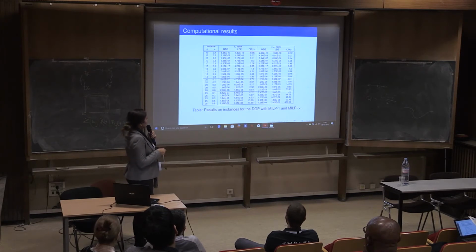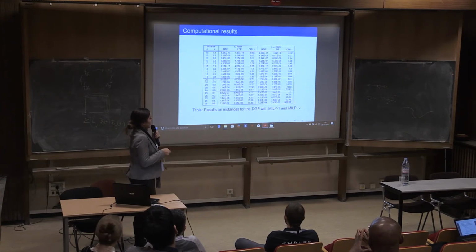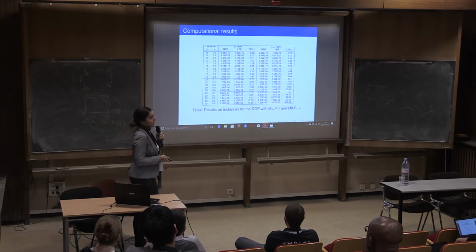For the L infinity norm case, already for 25 with the dense graphs, it starts being complicated to find the optimal solution of the MILP problem, meaning that here we hit the time limit, and then we have an error that is not negligible.